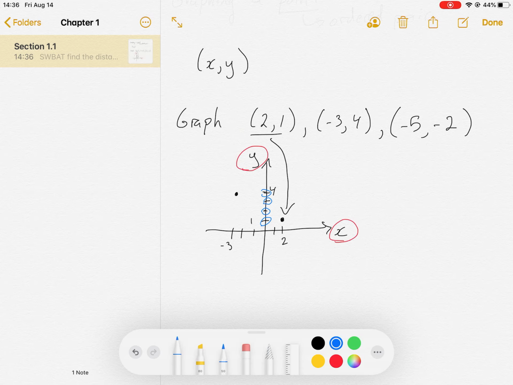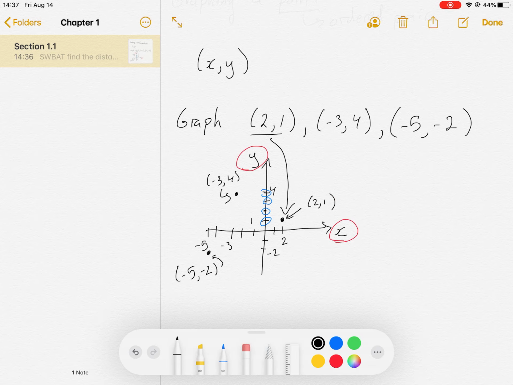So if you go up by 5s, 5, 10, 15, 20, that's fine, but they should all be equally spaced. And then the last one will be -5, -2. So we'll go over here to -5, go down to -2, and that's going to be my point there. So I have the point -5, -2. I have the point -3, 4. And I have the point 2, 1.